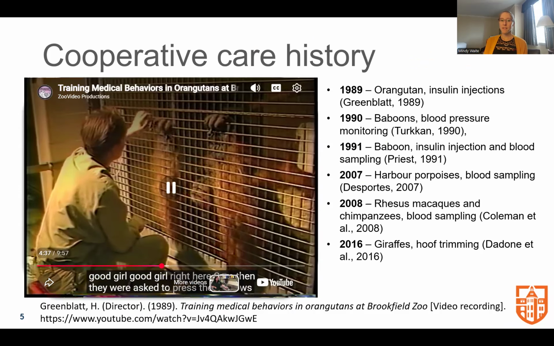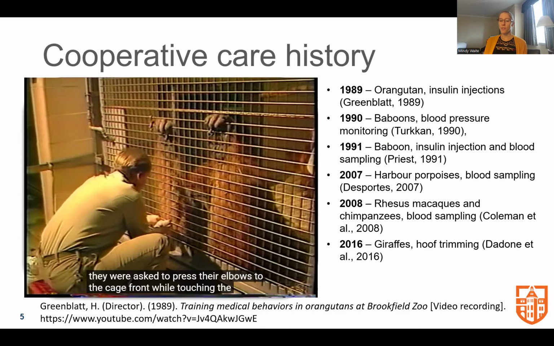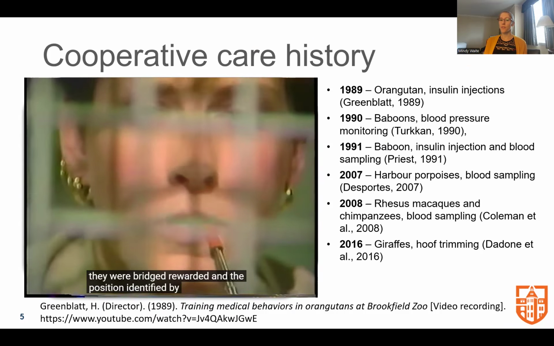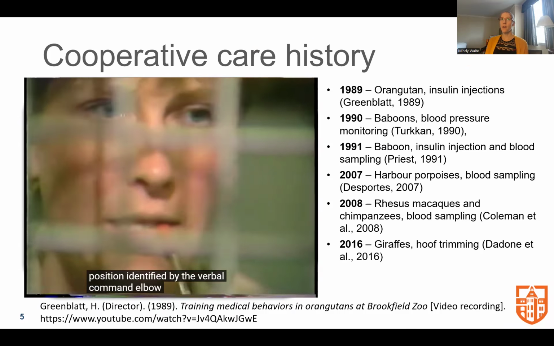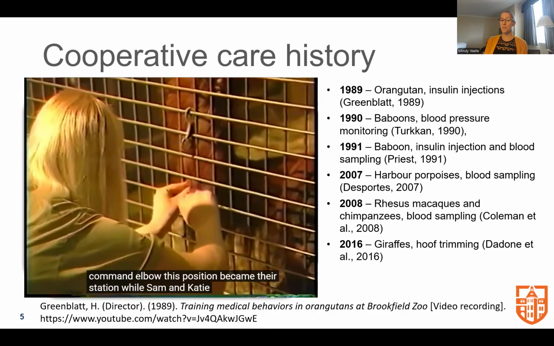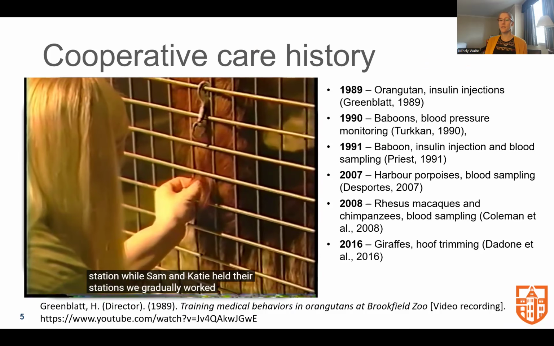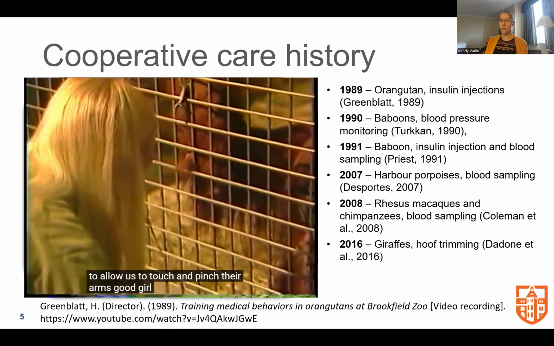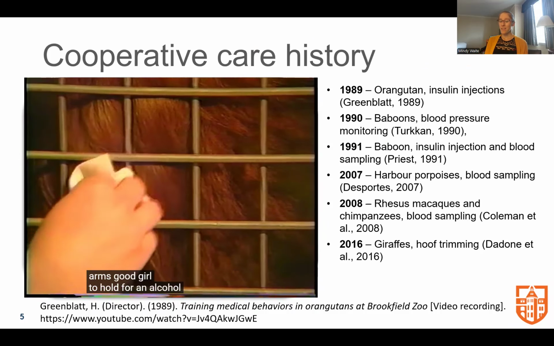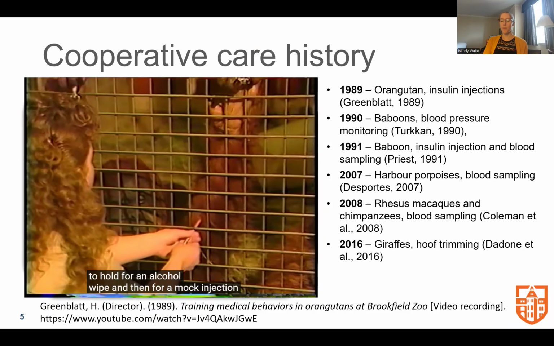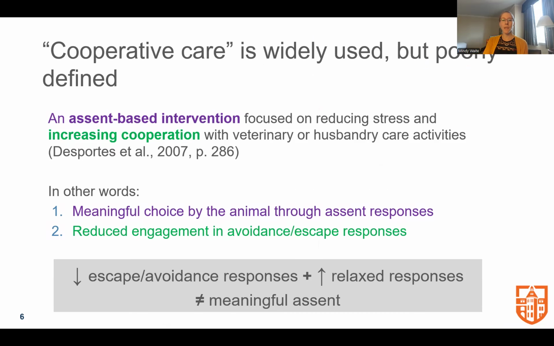And to combat this, around 1989, the first cooperative care-like procedure was published. It's actually published in the video I'm showing you here, which was a video by the Brookfield Zoo, which showed their ability to train orangutans to engage in participatory behaviors for receiving insulin injections. And so what this means is that cooperative care, at least parallel procedures, have existed for almost 50 years across a variety of different species, responses, and medical needs.